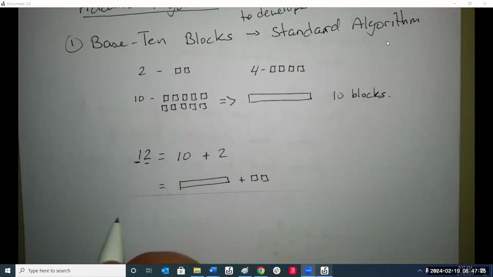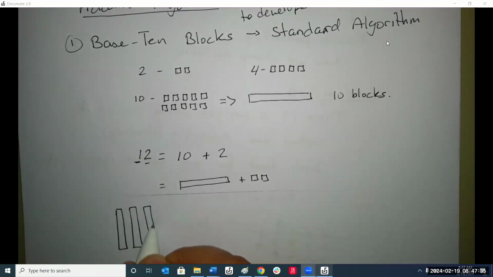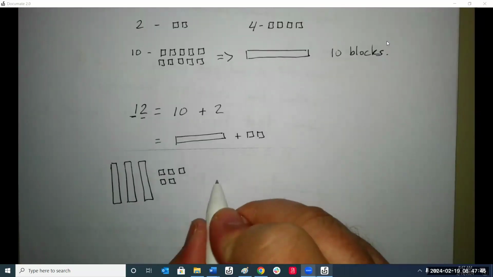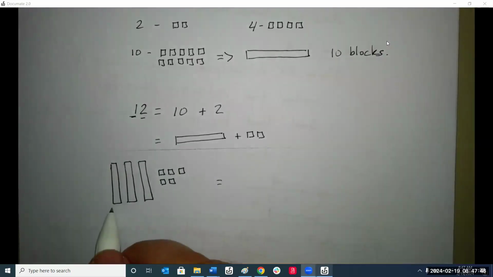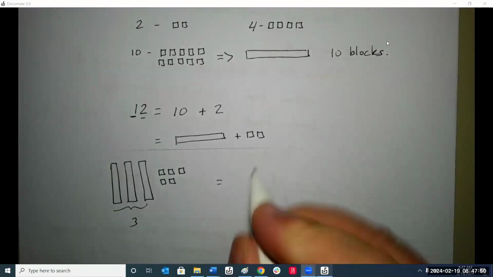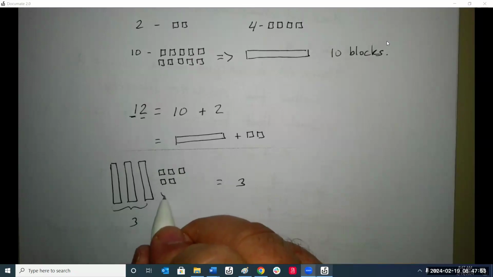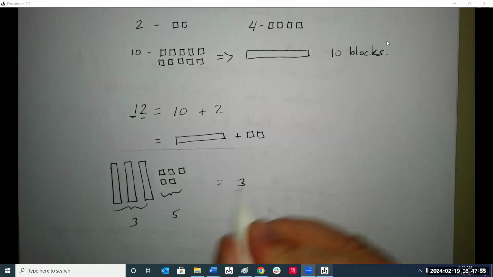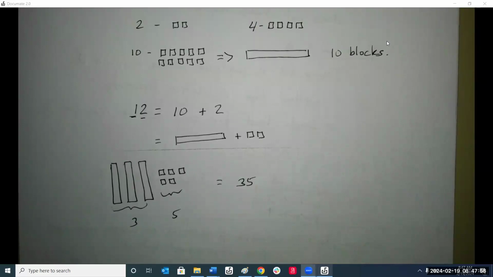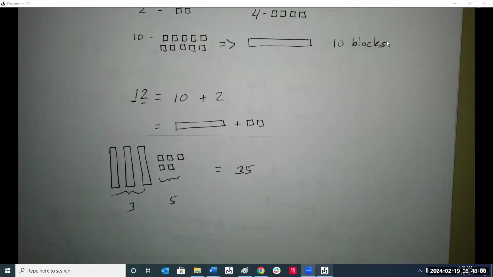So when we give them something like this, we ask them to tell me what number this represents. There's 3 of these, and there's 5 of those. So that's the number 35.